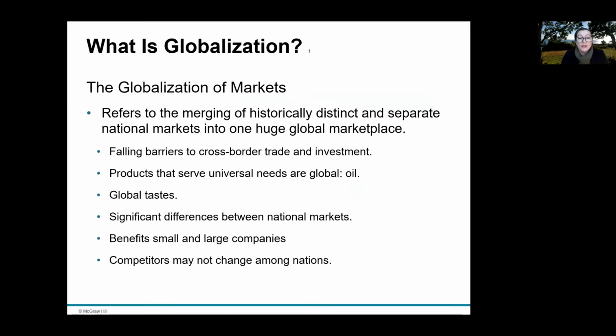Now, the globalization of markets does entail products that serve universal needs, such as commodities, for example, oil, right? But there's also variation in a global marketplace. There are significant differences between national markets that international operators need to be very cognizant of.